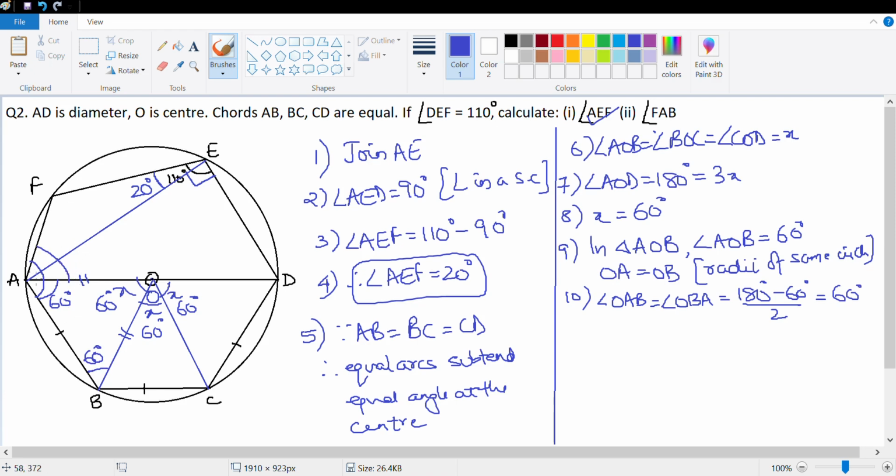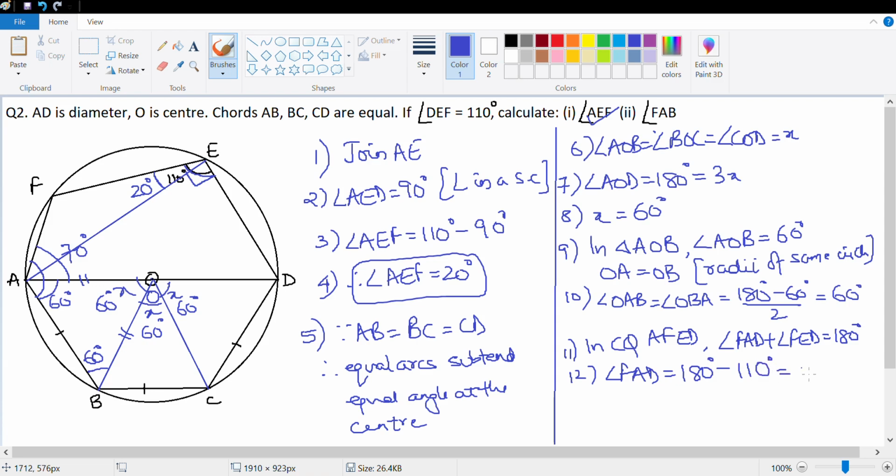Now if I look at cyclic quadrilateral AFED, if angle E is 110, then this angle is 70 degree because the sum of opposite angles in a cyclic quadrilateral is 180 degree. So in cyclic quadrilateral AFED, angle FAD plus angle FED is equal to 180 degree, which means angle FAD is equal to 180 degree minus 110 degree is equal to 70 degree.